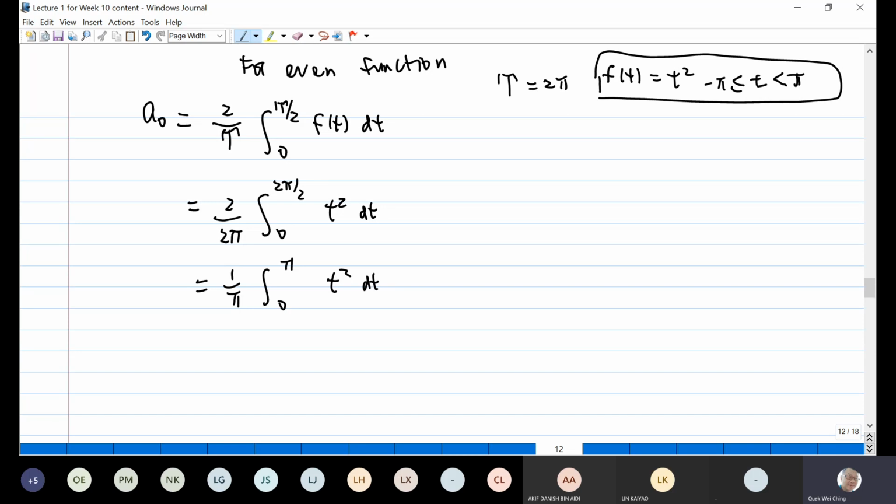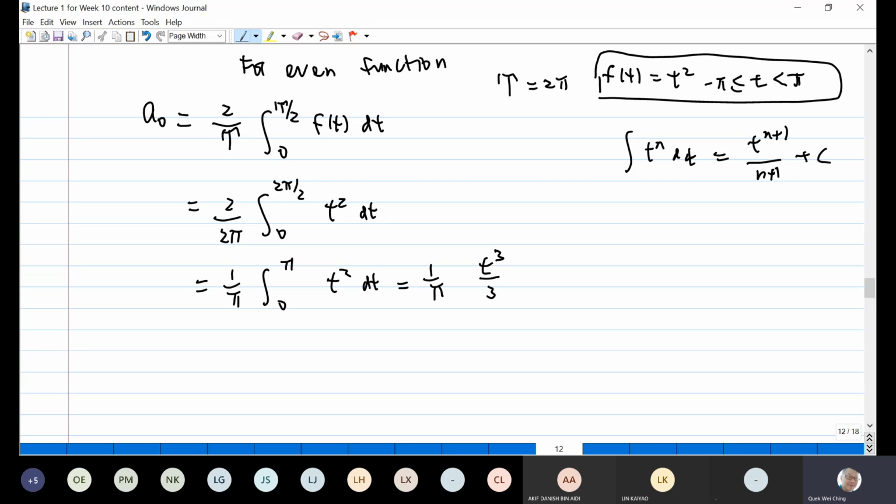So this will give you 1 over pi, integrate t squared, and you get t cubed over 3. This is the power rule: integrating t to the power n gives t to the power n plus 1 over n plus 1.